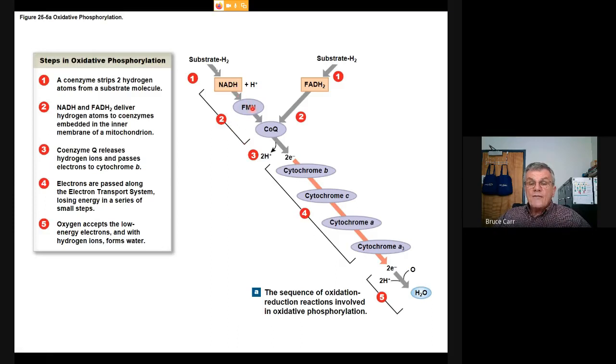NADH contributes to FMN, flavonoid, and FADH2 contributes to coenzyme Q. Those are different steps. And as a result, each NADH is actually going to account for the production of one more ATP. An NADH and its electrons will produce 3 ATPs as it transfers its electrons along, where the FADH2 will only produce 2.